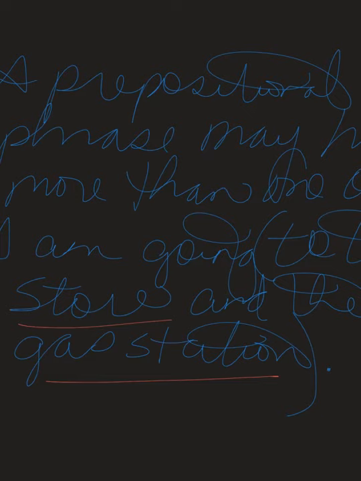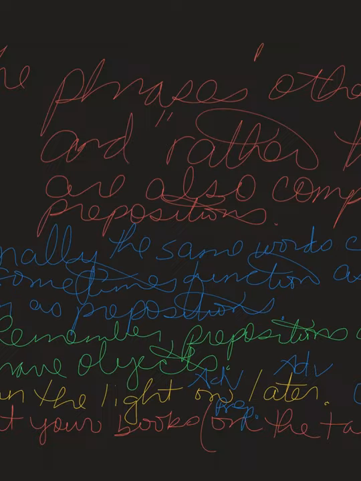So a compound object of preposition. The phrases other than and rather than are also compound prepositions. Just remember that. I have those written in my book, and I'm thinking that you will see those perhaps in exercises today or later.